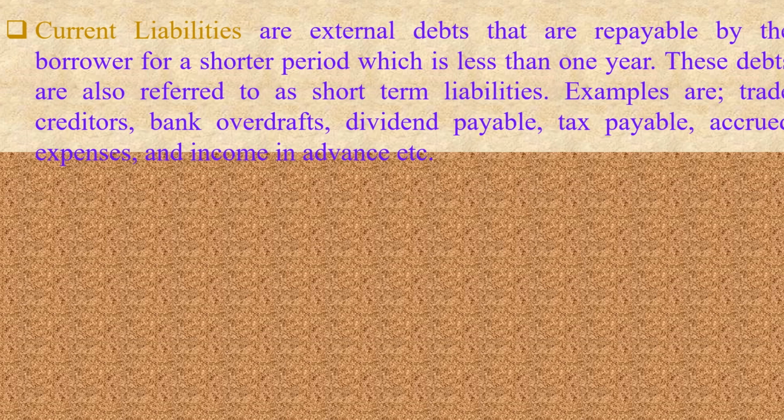And good examples of these are trade creditors, which is also referred to as accounts payable, bank overdrafts, dividend payable, tax payable, accrued expenses, and income in advance, just to mention but a few.